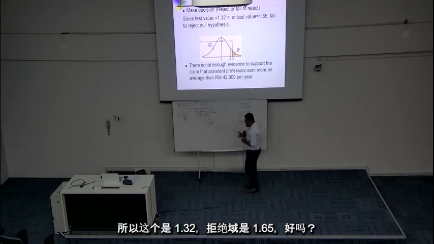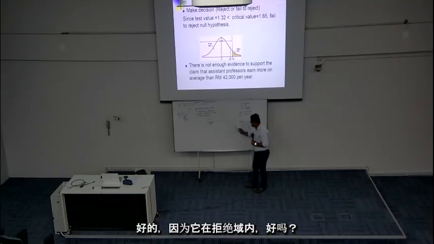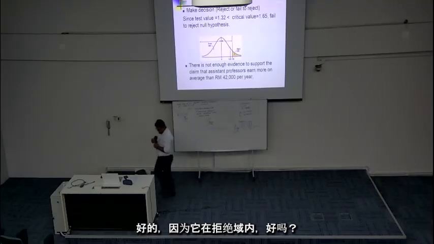The rejection region starts at 1.65. Since this one fails to reject, but if your test value is 1.70, it will be rejected, because it is within the rejection region.